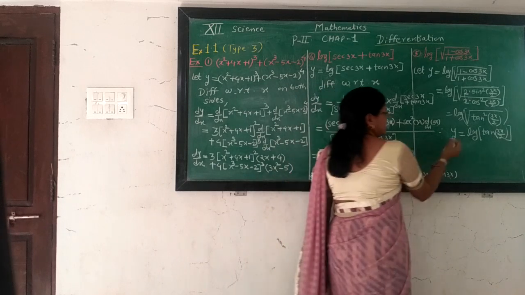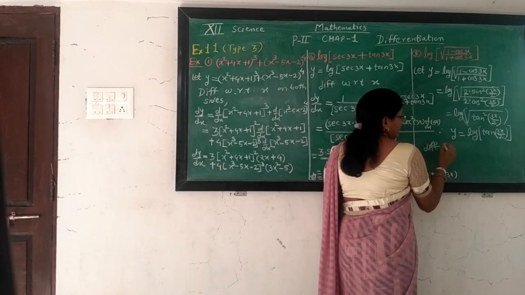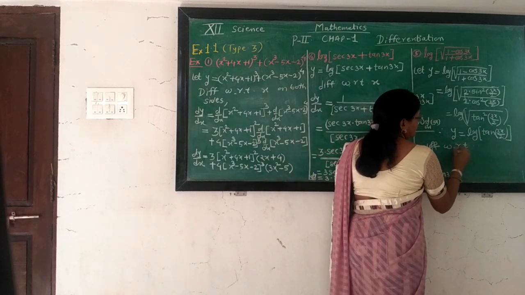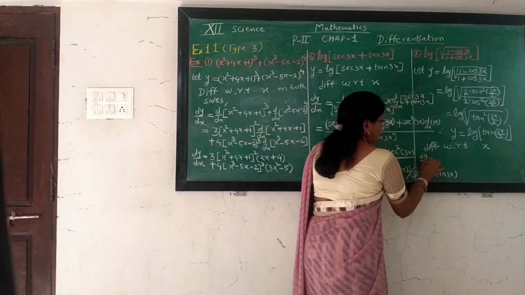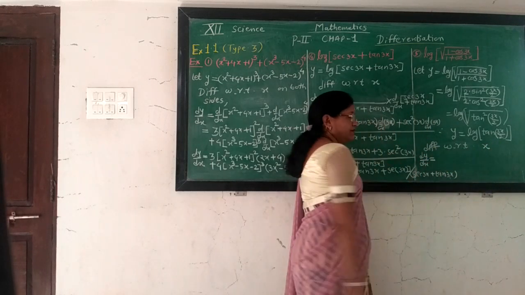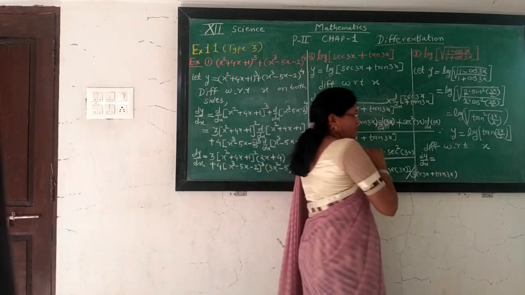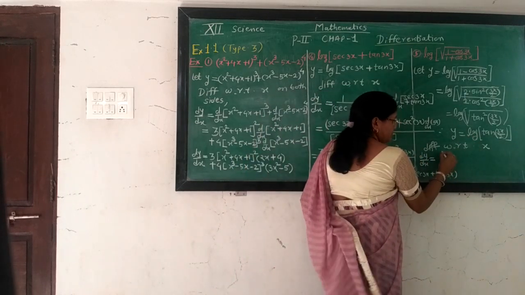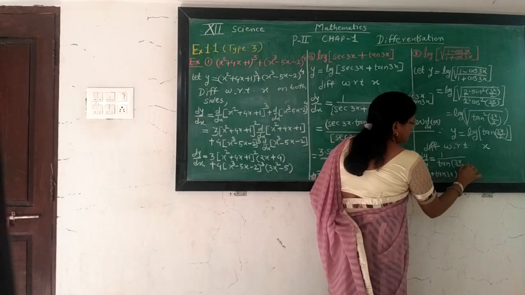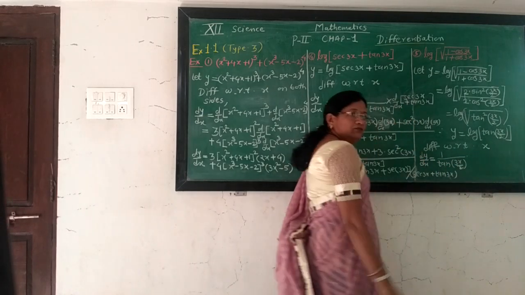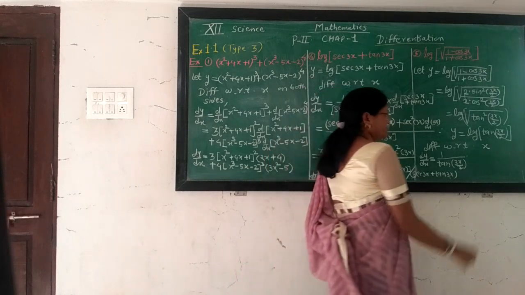Now we take its differentiation with respect to x on both sides: derivative of y with respect to x, dy by dx. Using the previous example, we take the derivative of log, 1 upon tan 3x by 2, according to the chain rule or derivative of a composite function.